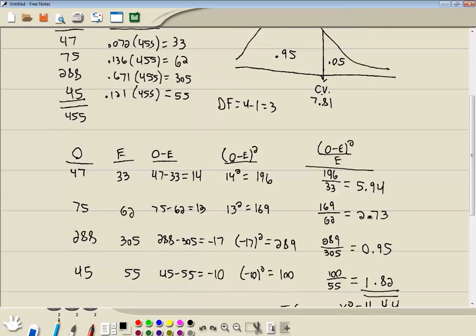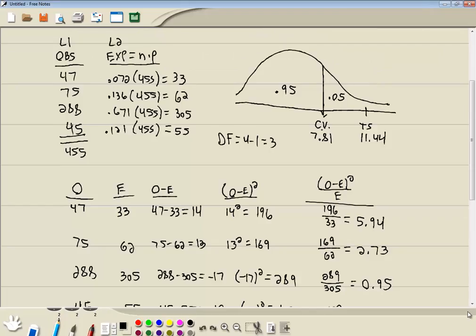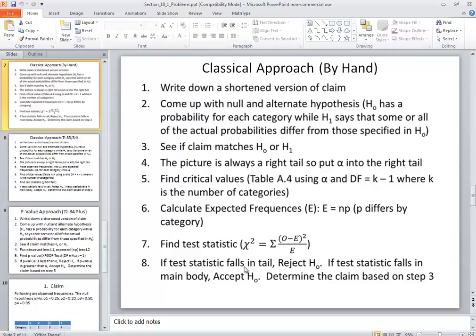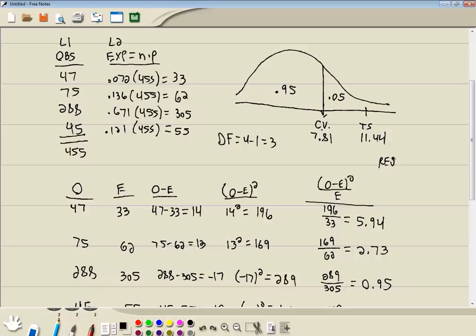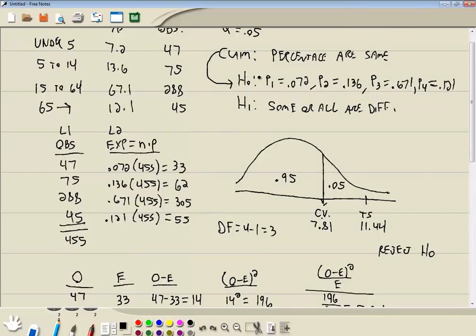So that's our test statistic, 11.44, which falls over here, because remember, you think of this as a number line. Here's 7.81, here would be 11.44. And this says if the test statistic falls in a tail, which it does, we're going to reject H naught. And since our claim matches H naught, whatever we say about H naught is what we say about our claim. So that means we're going to reject our claim.